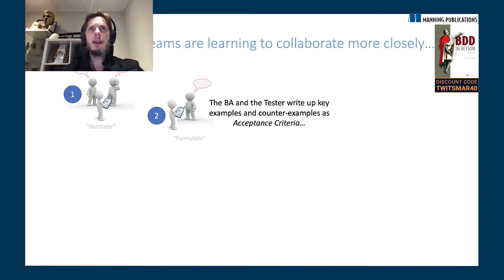Once they've got this understanding, the BA and the tester can go away and write up these examples and counterexamples, basically illustrating the requirements with what we call acceptance criteria. But in a behavior-driven development approach, the acceptance criteria are not what you'd traditionally call acceptance criteria.